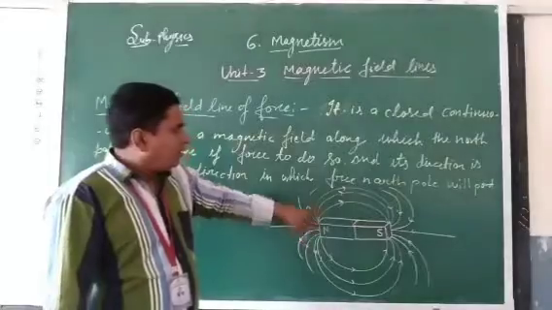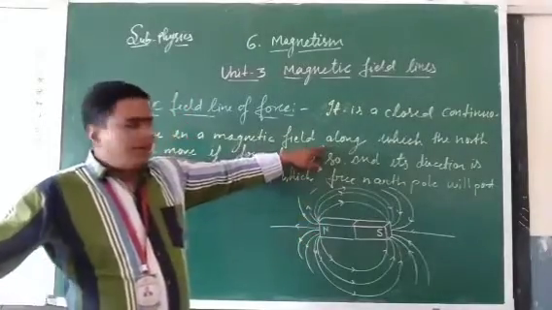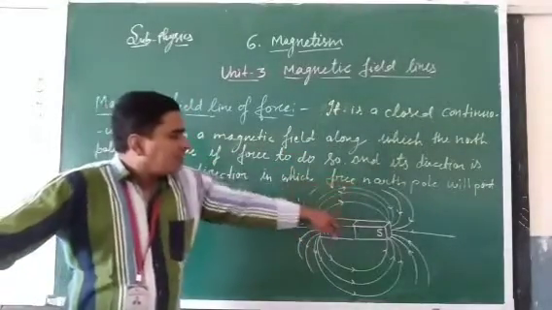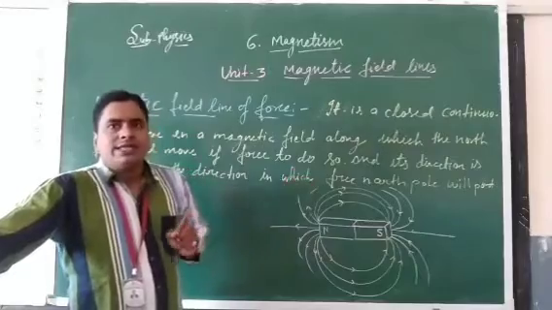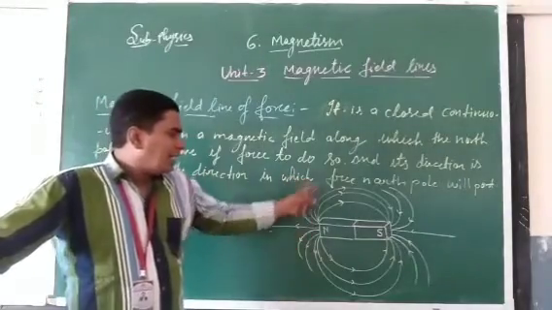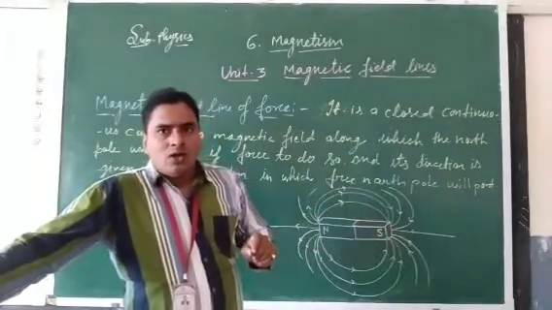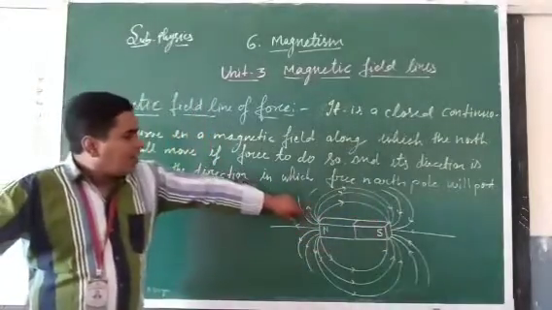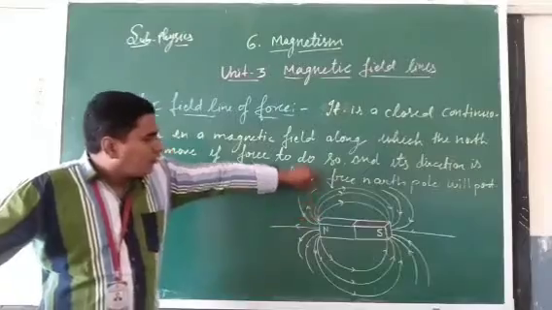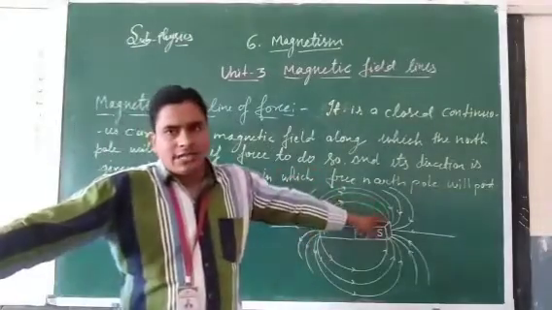So according to the definition, the magnetic field line is a closed curve which originates from the north pole and ends at the south pole, and it is a path along which any other north pole is free to move from north to south.